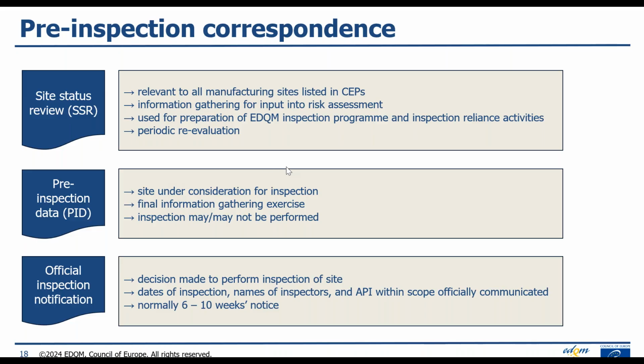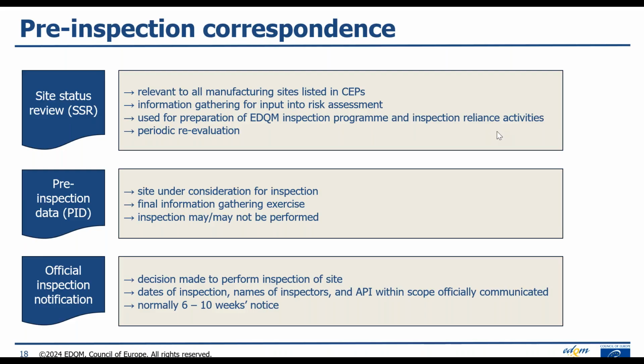As I mentioned a few slides ago, this is our approach to site lifecycle management, and it's relevant to all manufacturing sites listed in CEPs. On a periodic basis, we reach out to the site and gather certain information and use it as input into our risk assessment, in order to determine whether the site should be included on the EDQM inspection program, or whether we could consider it for other inspection reliance activities.